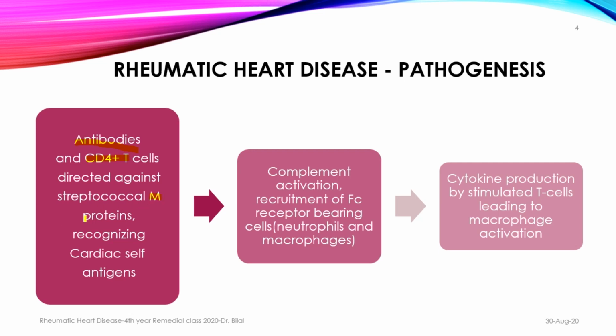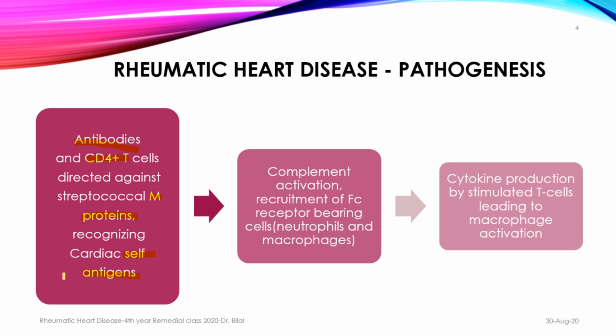This is sometimes asked in an MCQ: which is the protein that the inflammatory response is directed to. It is directed to the M proteins, and sometimes these antibodies and T cells recognize self antigens in the myocardium.